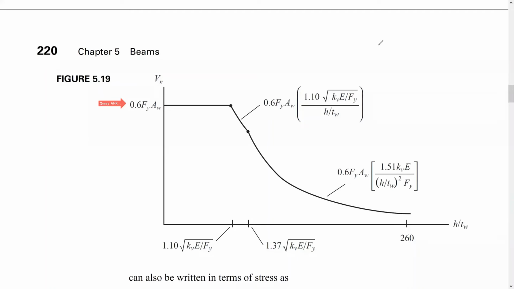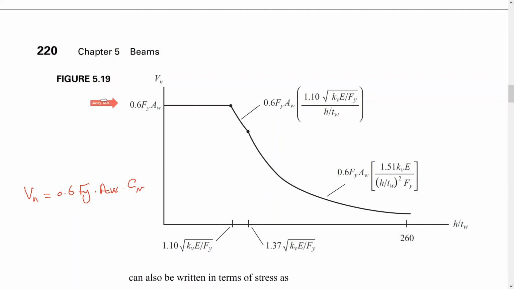As I mentioned, Vn is equal to 0.6 Fy times the web area times C sub V. If you look at this sketch, this is Vn as a function of lambda, which is h over the web thickness.